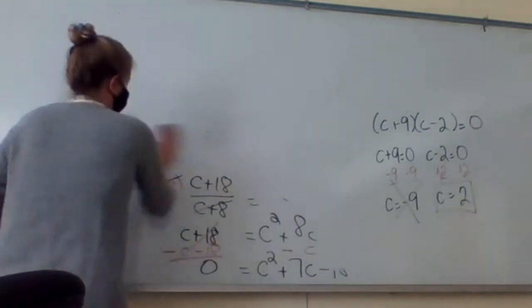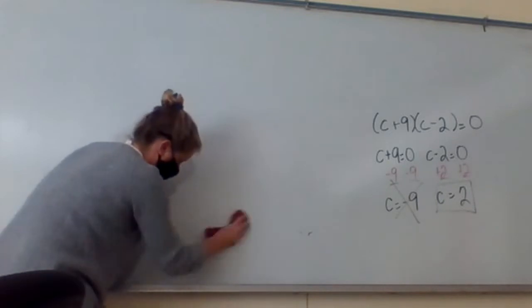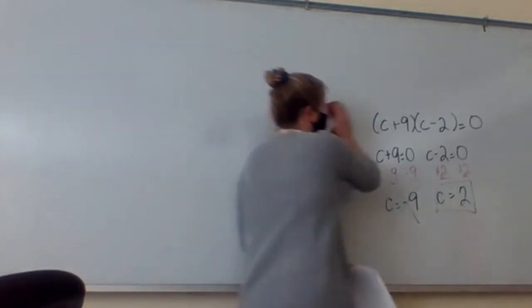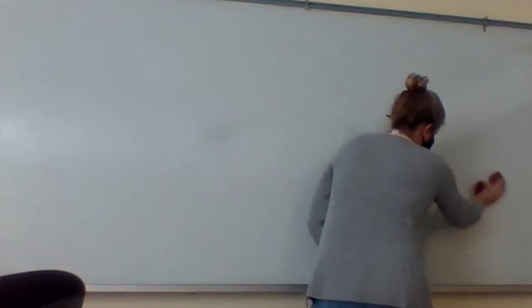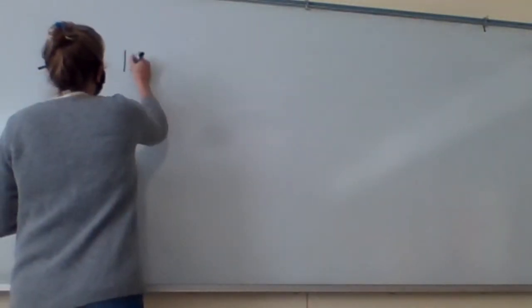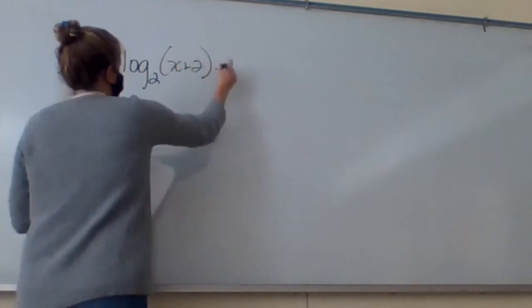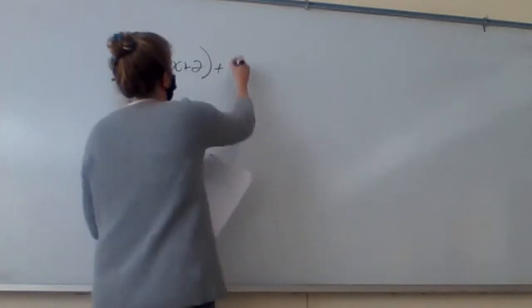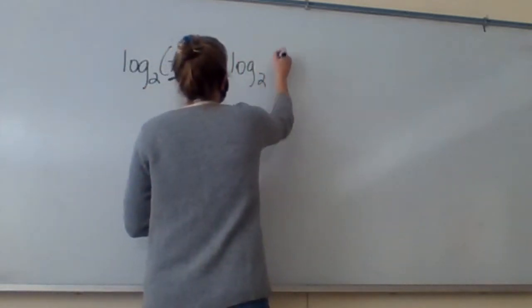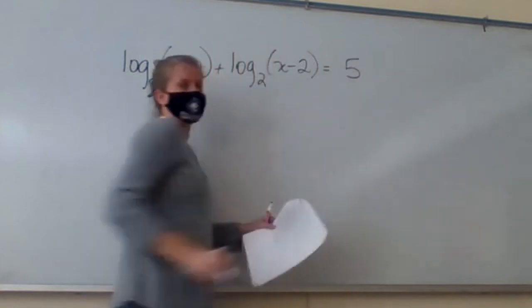All right, another logarithmic equation. I've got log base 2 of (x + 2) plus log base 2 of (x - 2) equals 5.